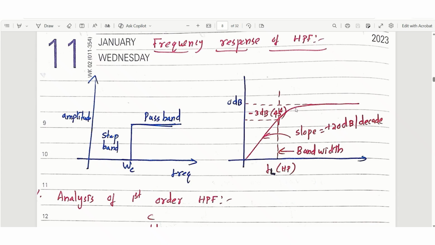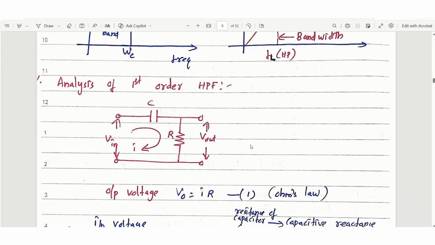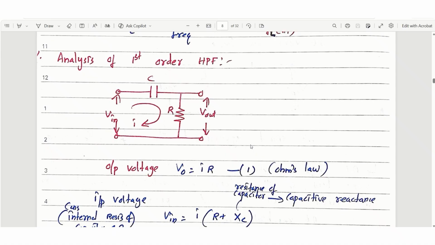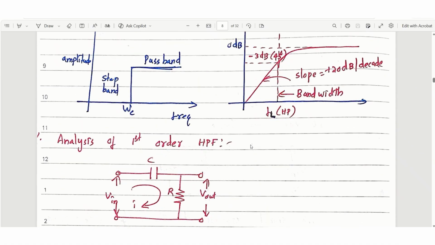The log of 1 is 0 dB. From that, the minus 3 dB down point on the response plot is known as cutoff frequency. So we have analyzed the first order high pass filter and first order low pass filter and the response curves.